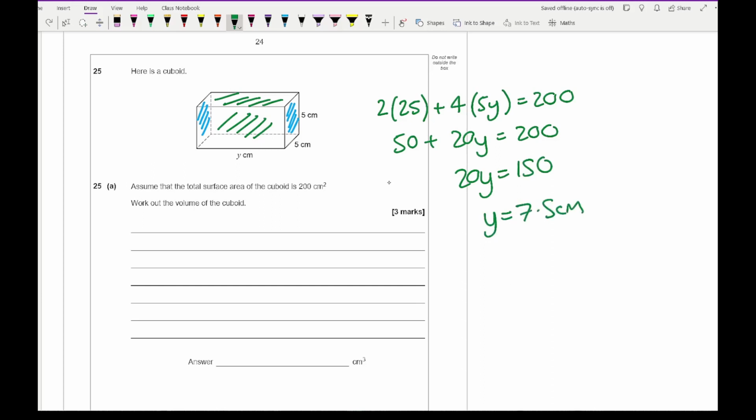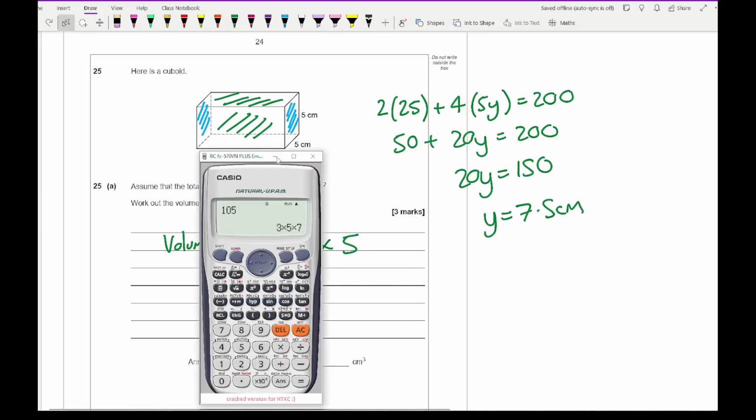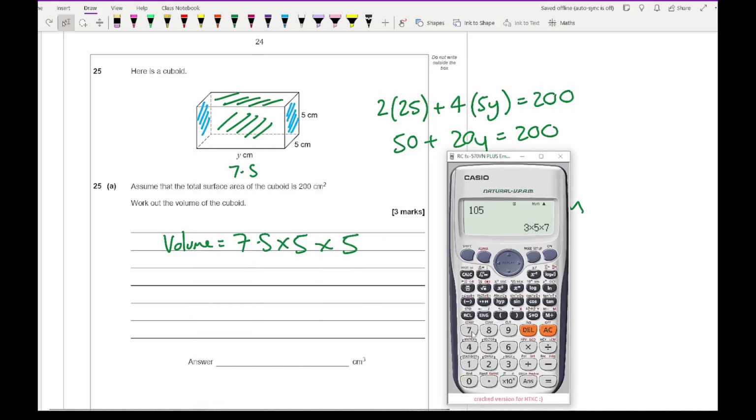So y is 7.5, so that means the volume, which is what it's asking me to do, is going to be 7.5 times 5 times 5. Let's type that into the calculator. So 7.5 times 5 times 5 gives me an answer of 187.5.